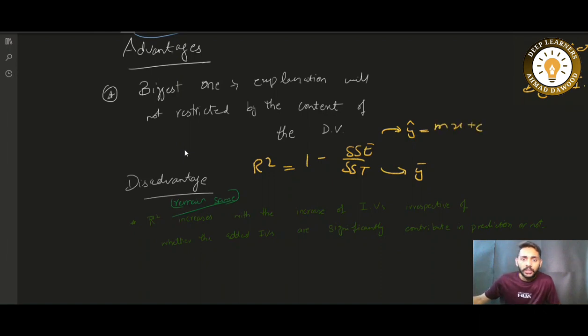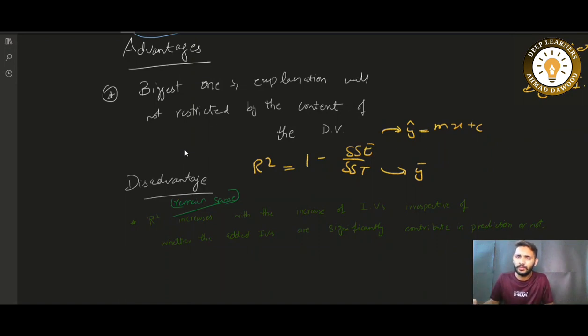Now, the biggest disadvantage is that when we have some irrelevant feature and we are using it during our training process, our R square is increasing. Or maybe it will not change, or it will increase with the addition of some irrelevant feature, but it should not increase actually. Because an irrelevant feature has no importance in the explanation of the target variable, it should not increase, but it is still increasing.